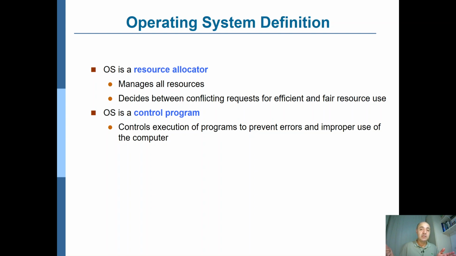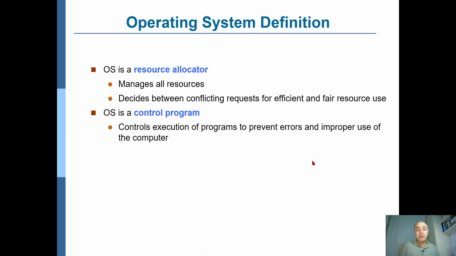It will never get that resource. If you try to provide fairness, then your overall system efficiency will drop, because this process gets the resource to be fair with the other process, but it is not using the resource in a very efficient manner. That means the overall efficiency of the system is dropping.